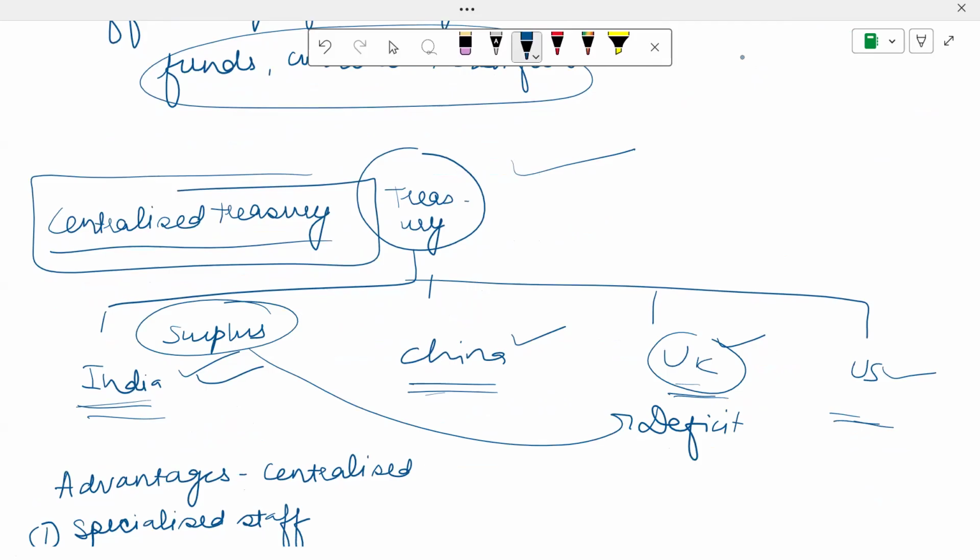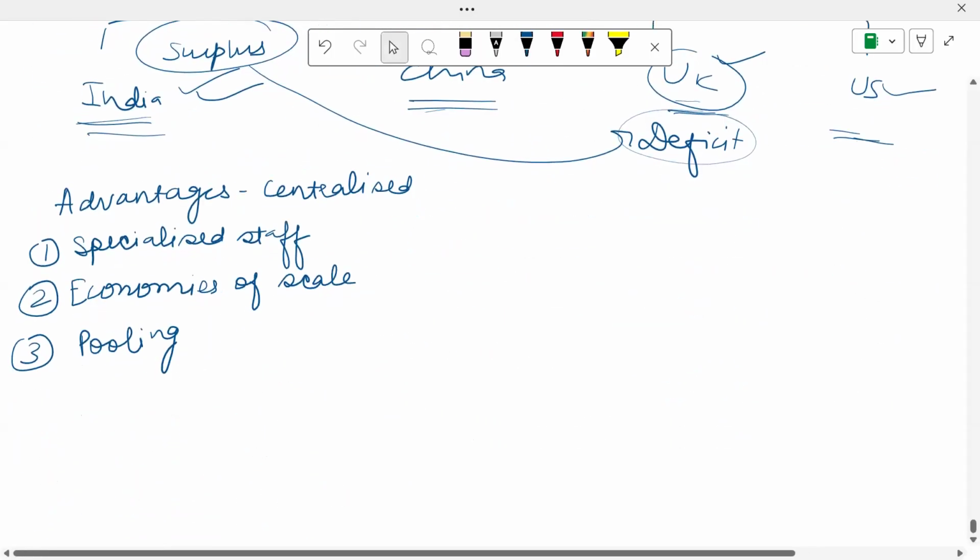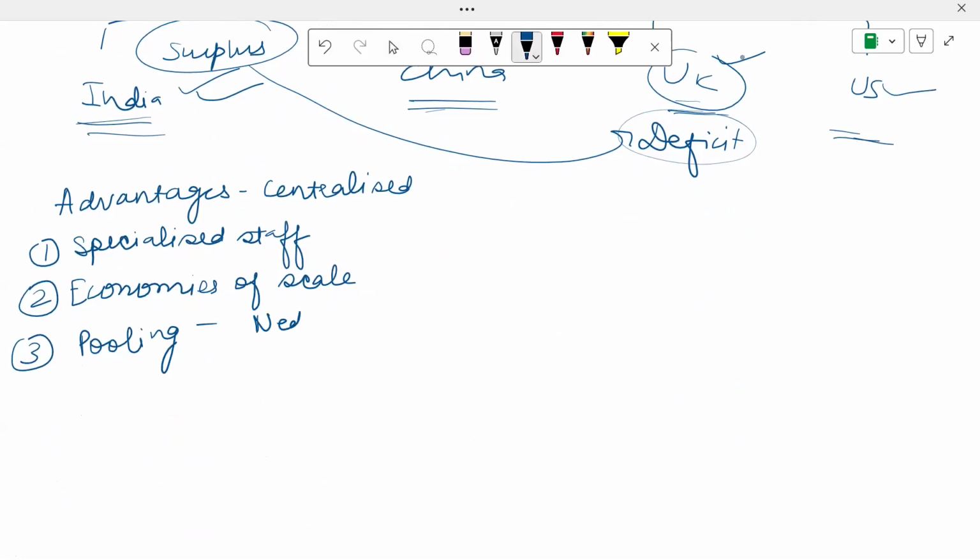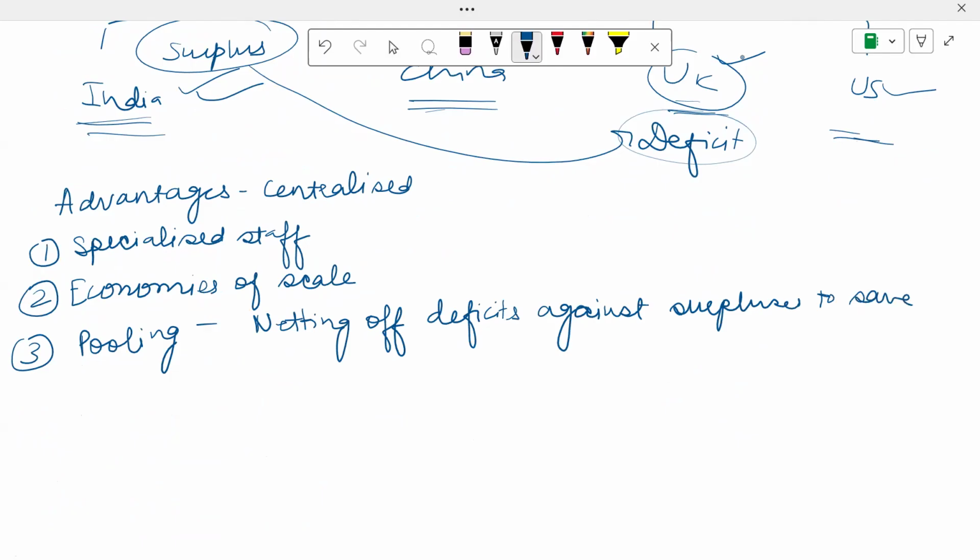Because I am doing a centralized treasury function, I do not have to pay any interest. So I save on the interest which I otherwise would have paid on the deficit in UK. Over here, pooling means netting off. You can net off cash deficits against surpluses to save interest expense.